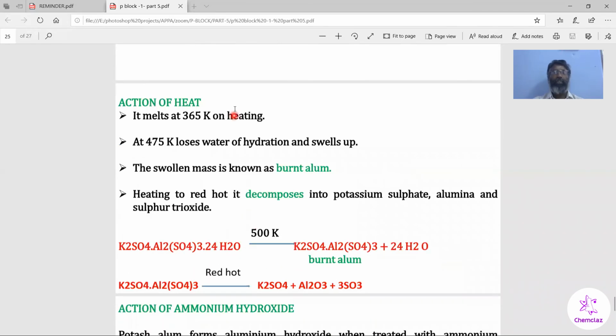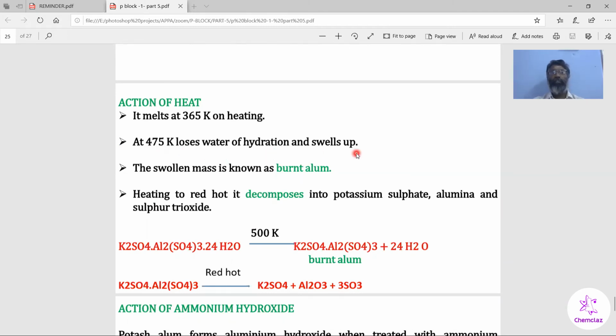The next one is action of heat. Potash alum, first on heating at a temperature of 365 Kelvin, the melting takes place. So the process is called the melting process. After melting, if you heat the molten state further, at a temperature of 473 Kelvin, it loses water of hydration.